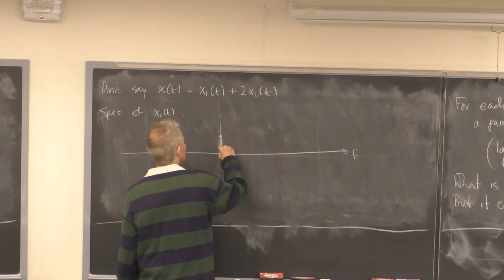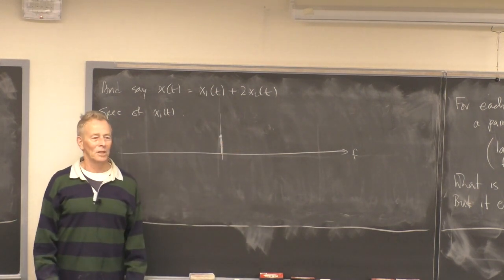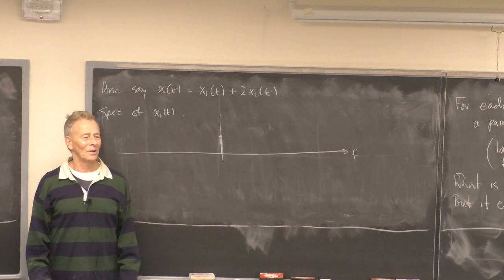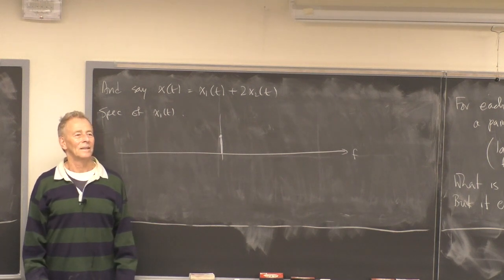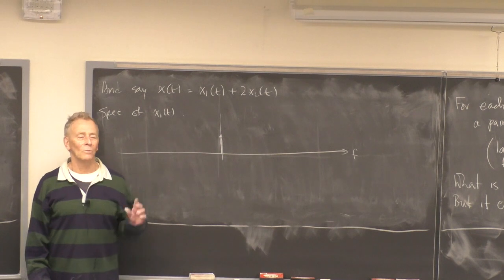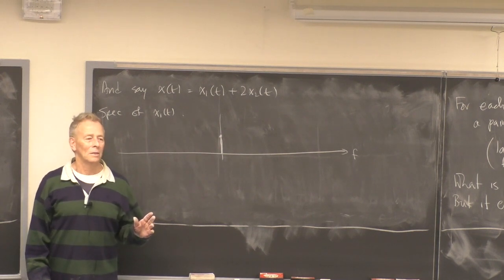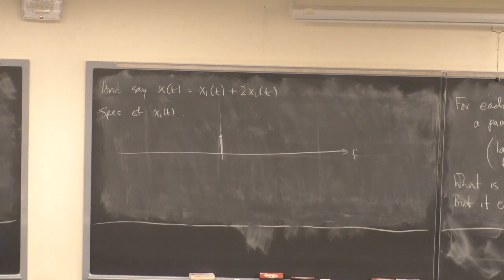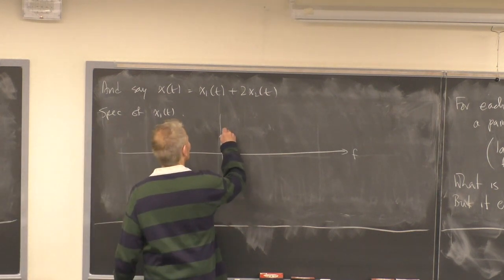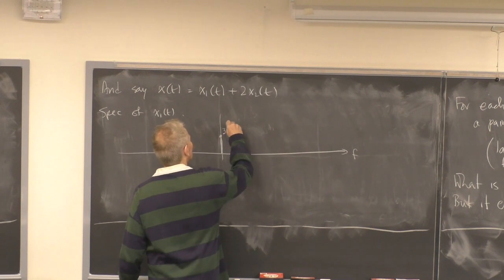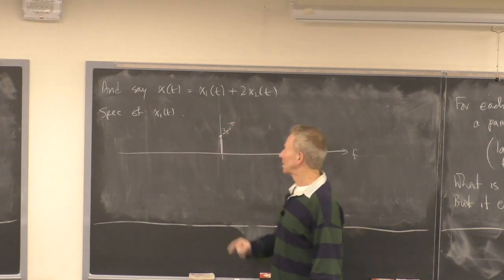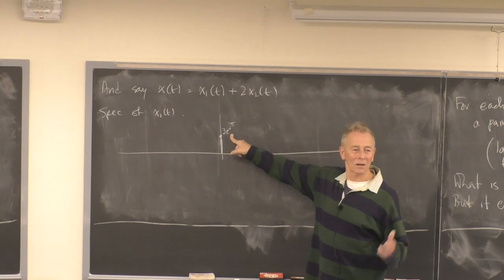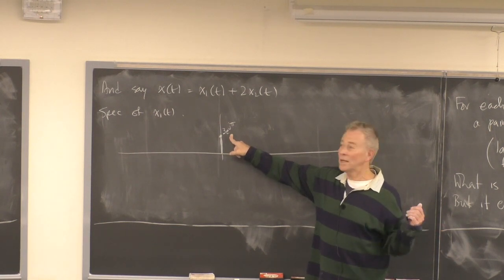And what do we label it? 3 times e to the power of j pi, because we have a minus sign in front of the 3. So this is our stem at 0, and the e to the j pi just indicates that the constant term is negative.